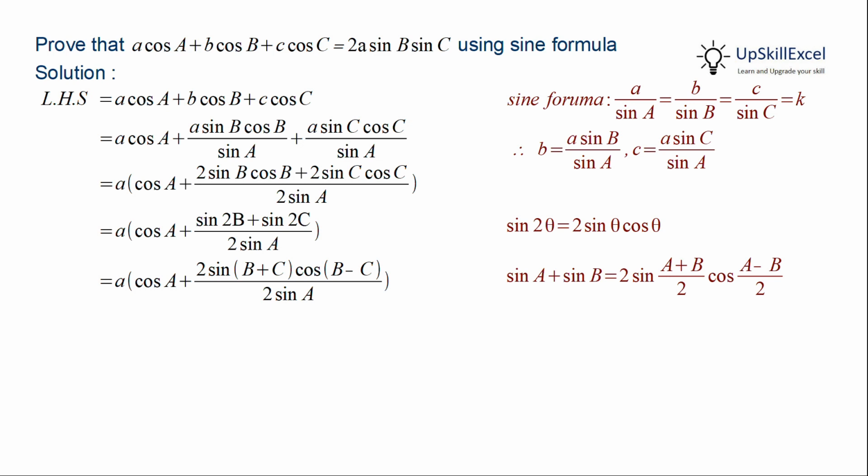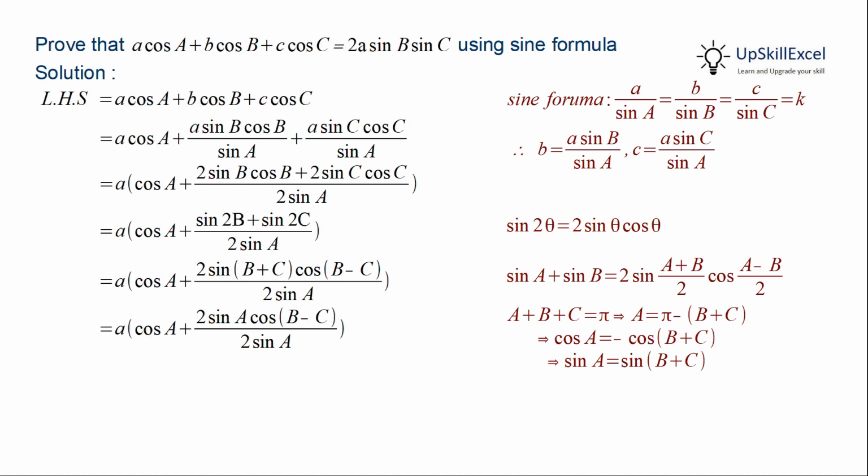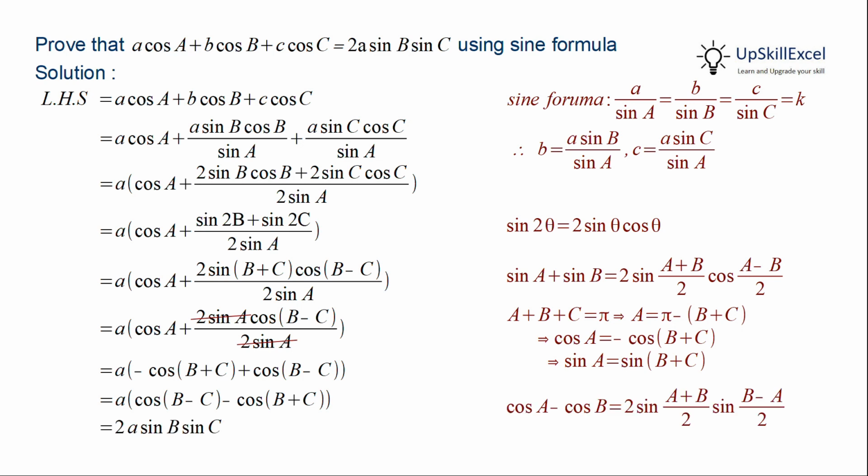Now in a triangle, a plus b plus c is equal to pi, which implies that sin (b plus c) can be replaced by sin of a. We can now cancel out 2 sin a from the numerator and denominator, and we are left with a cos (b minus c). Now again looking at the triangle, a plus b plus c equal to pi, we can replace cos a by minus cos (b plus c). Now we'll rearrange the terms and then apply the cos minus cos formula to get 2a sin b sin c.